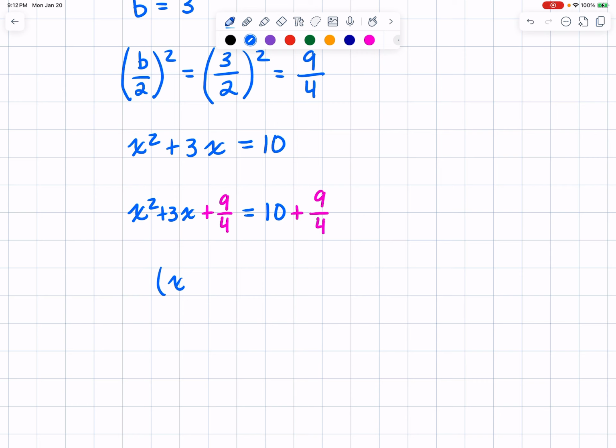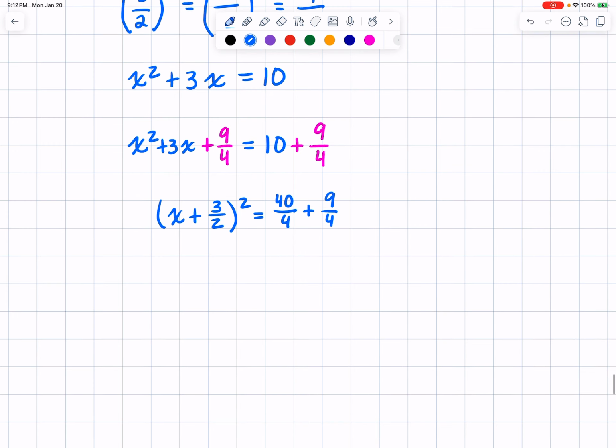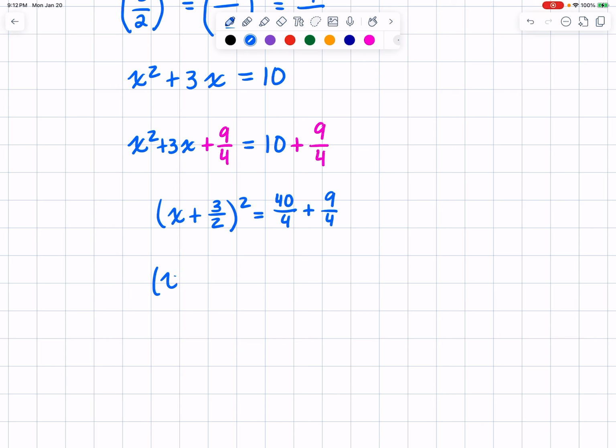So this is x plus 3/2 squared equals, and now we want to get like terms. So 10 can turn into 40 over 4 to have a like denominator, plus 9 over 4. So now we can add those together, and we will get x plus 3 over 2 squared equals 40 plus 9 is 49 all over 4.